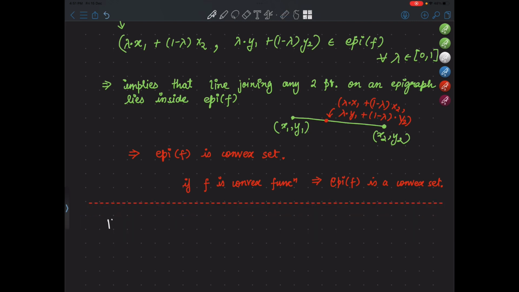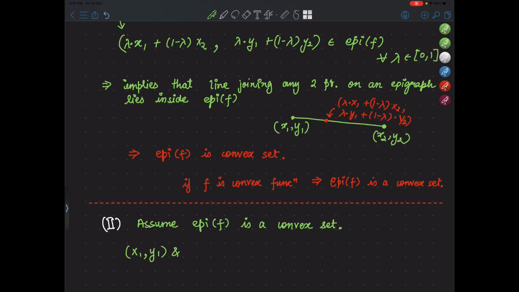The second part. In this part, let's assume the epigraph of f is a convex set. Okay, now we'll assume one thing. We'll again assume 2 points.